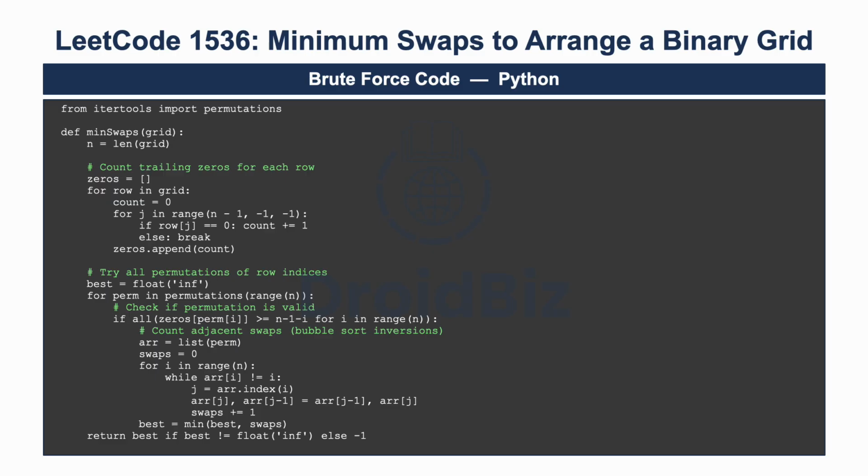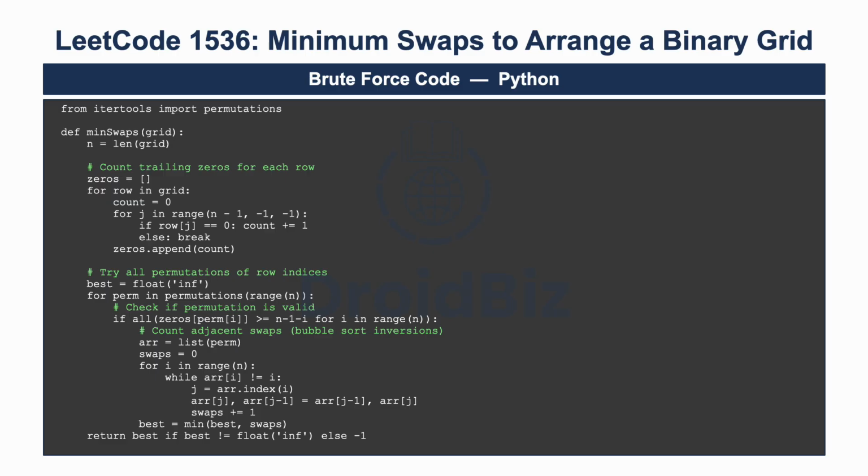Next, we try every permutation of row indices from 0 to n-1. We initialize best to infinity. This will track the minimum swaps found. For each permutation, we check if it forms a valid grid. We use the all function to verify that the row placed at position i has at least n-1-i trailing zeros.